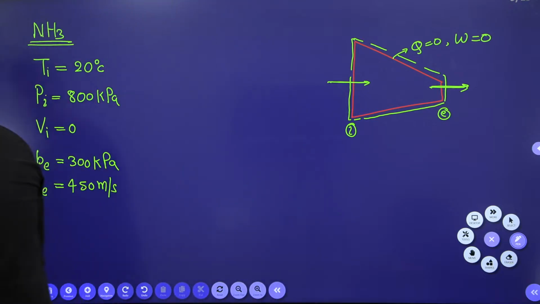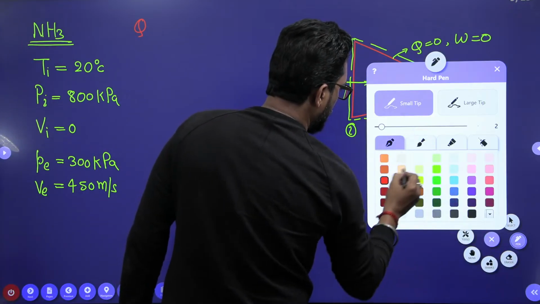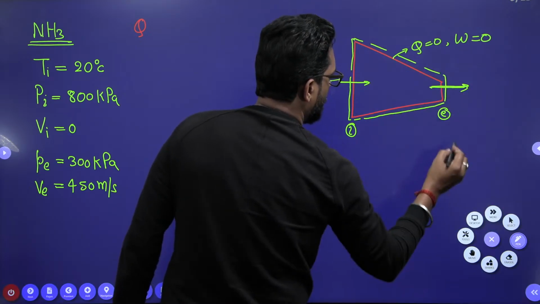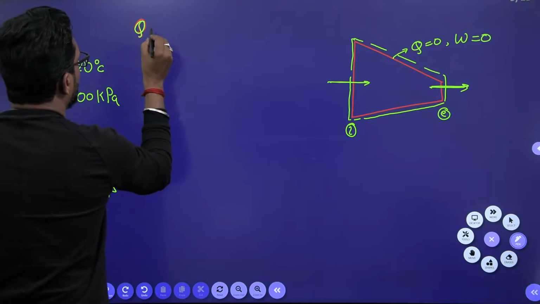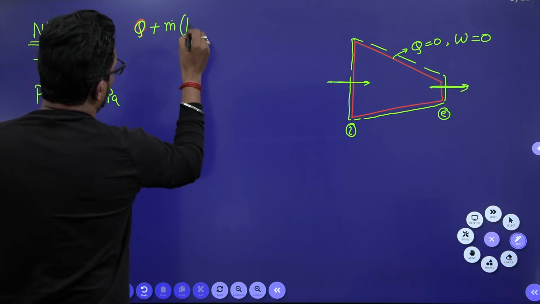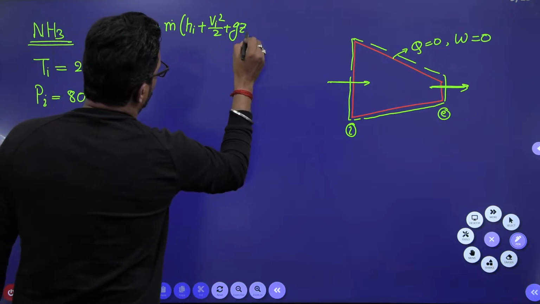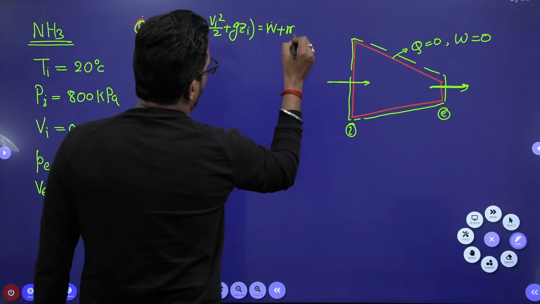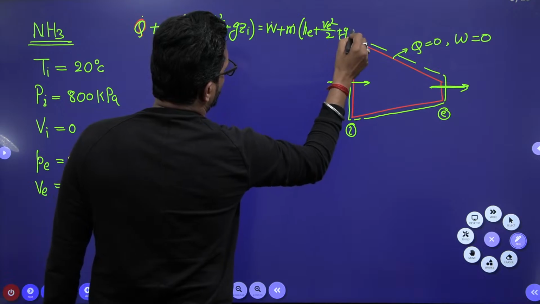Okay. So we apply the steady flow energy equation first. For a single inlet, single exit: Q plus m dot (h_i plus V_i squared by 2 plus g z_i) equals work transfer plus m dot (h_e plus V_e squared by 2 plus g z_e).